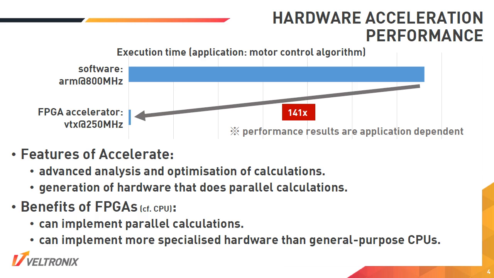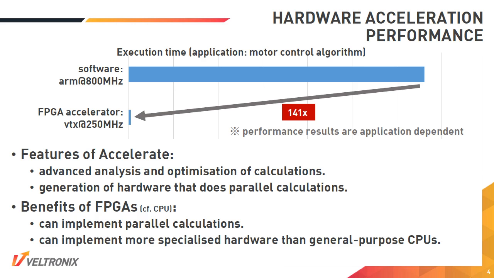To show the benefits of hardware acceleration, I will use the example of accelerating a motor control algorithm. In this example, a reduction of execution time by a factor of 141 was obtained, comparing execution of software on an 800 MHz ARM core and execution of equivalent hardware on a 250 MHz FPGA.